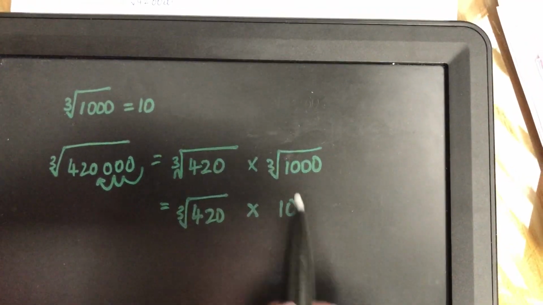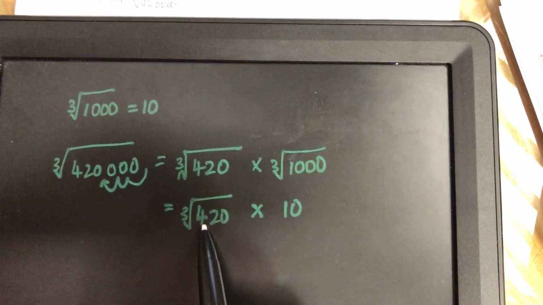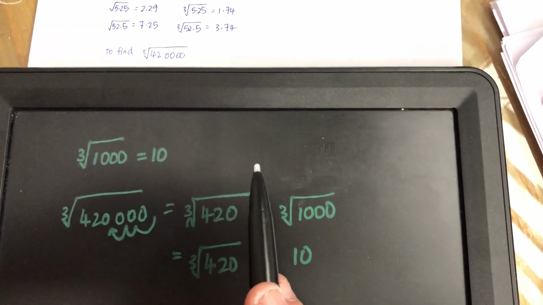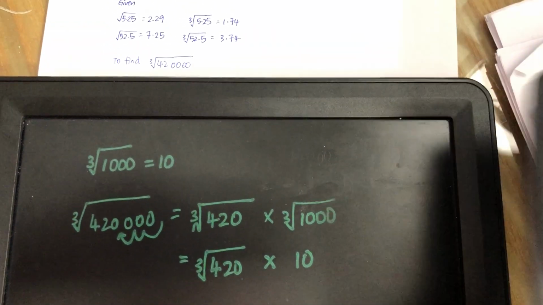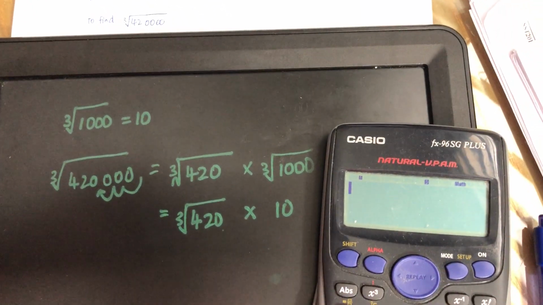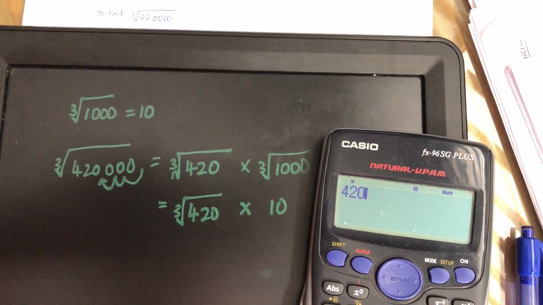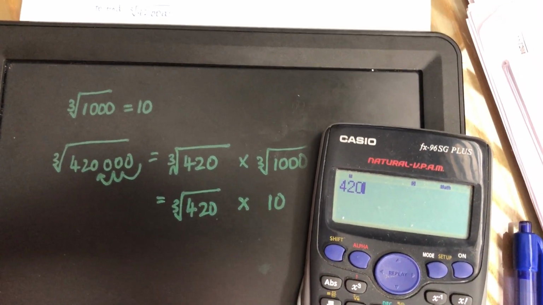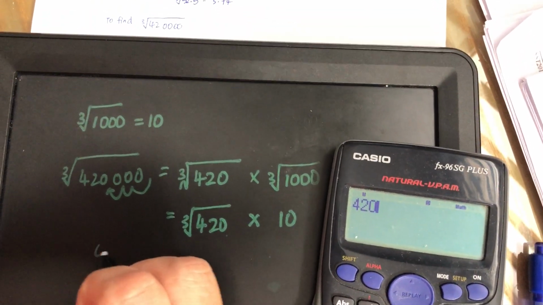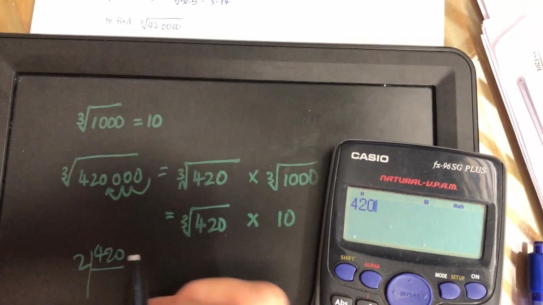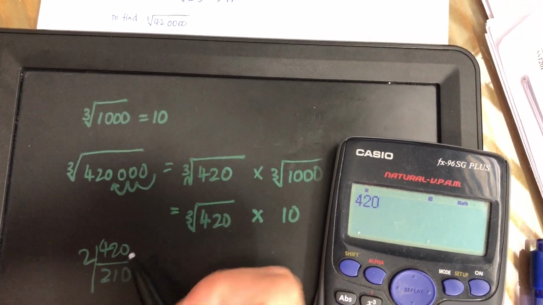Now, let's see if we are able to transform 420 to look like 525. Using a calculator, let's try doing this. Do a prime factorization of 420. So, 420, we divide by 2, we get 210.